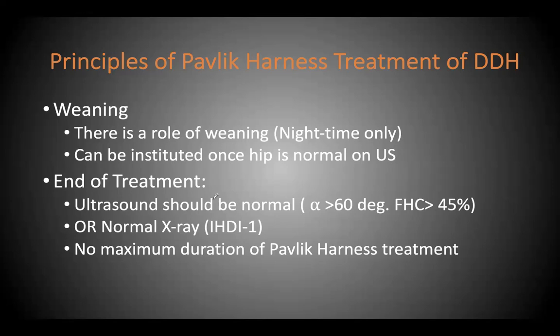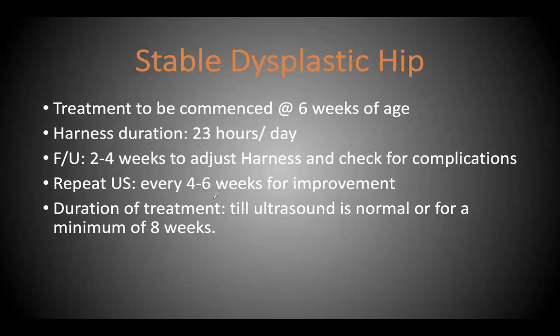Okay. So a stable dysplastic hip, which would mean a graph 2A, graph 2B, and even a graph type 2C, you would want the treatment to start at least by the age of 6 weeks, if not before.